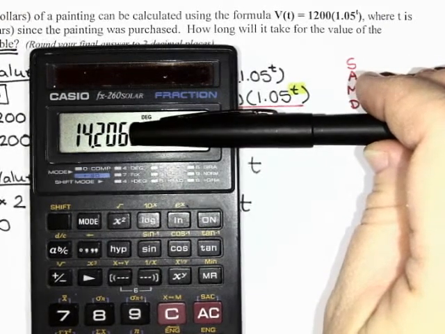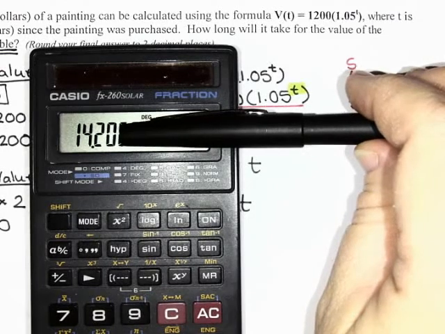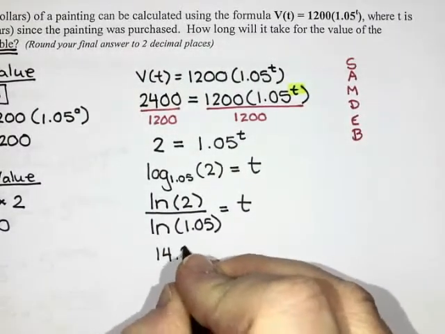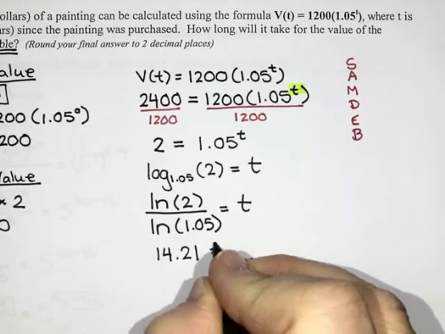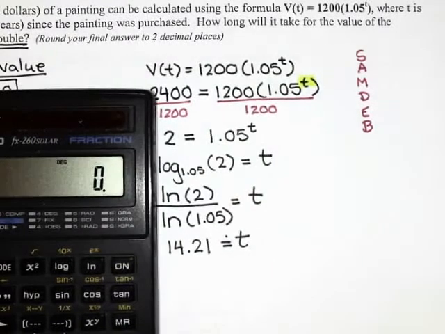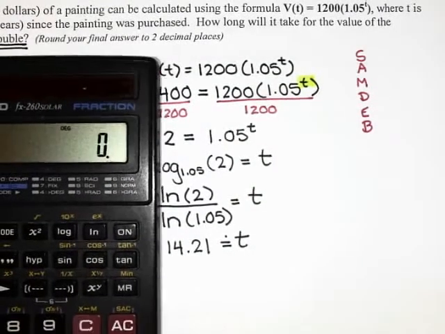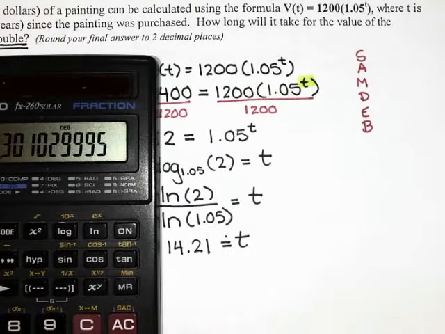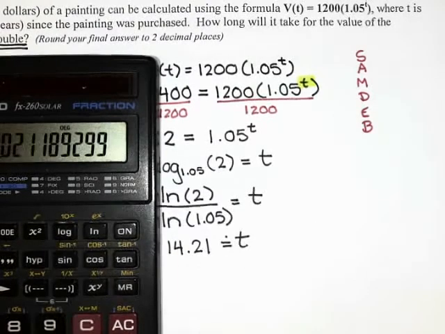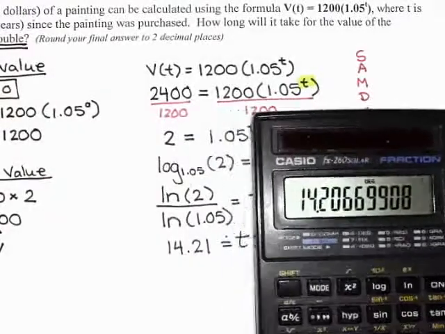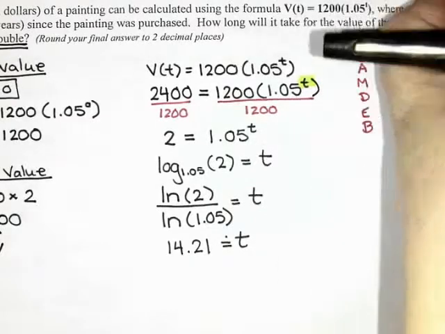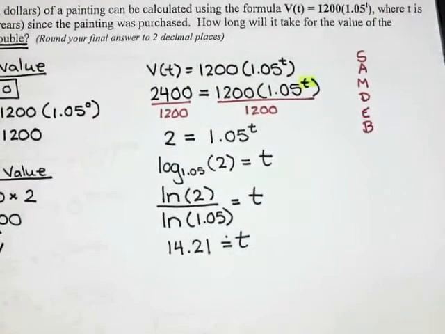The next digit is a 6, so that's going to push that up to 14.21. Now, if I tried doing the same thing but using log instead of ln, if I did log of 2 divided by log of 1.05, you will notice I get the exact same answer I had before, right? So it doesn't really matter whether you use ln or whether you use log.